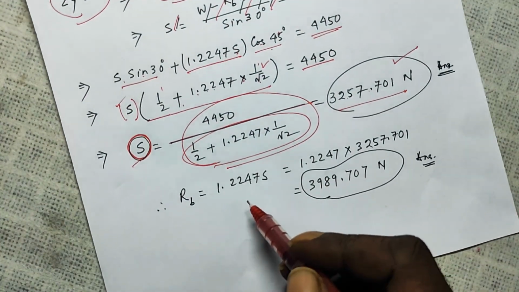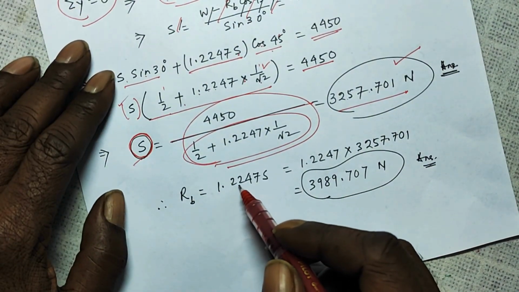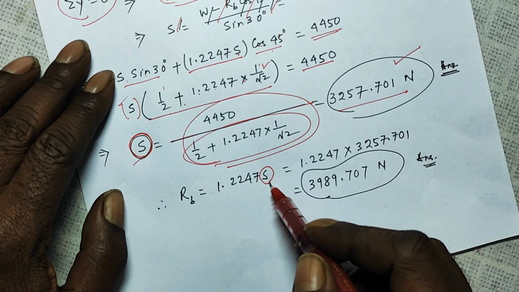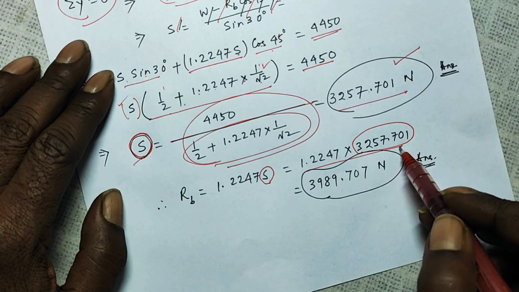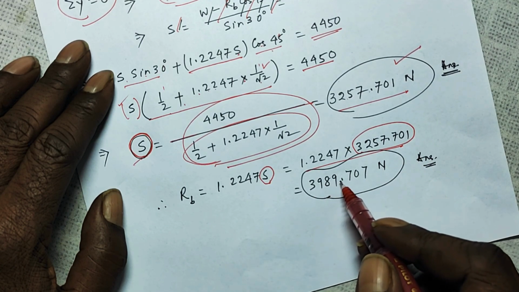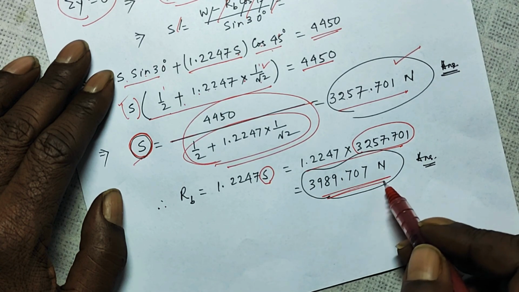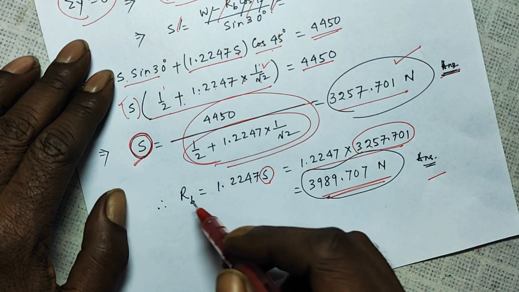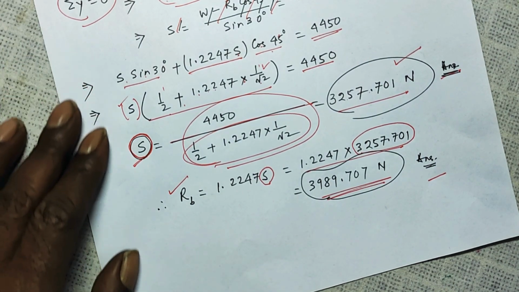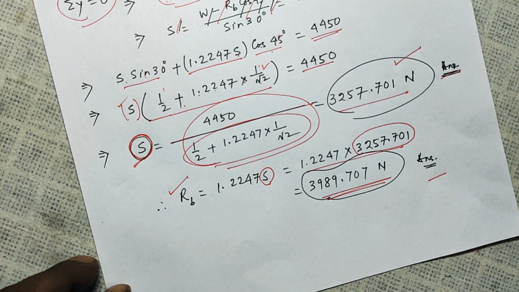So your RB is equal to 1.2247 times S. Now I put the value of S and do it in a scientific calculator. This comes out to be 3989.707 Newton. So there are two answers: the axial force tension is found, and the reaction at the point of contact B on the roller is also found.